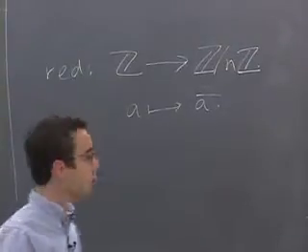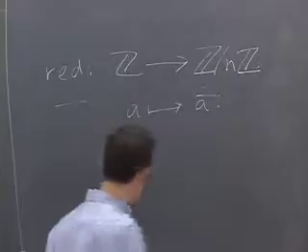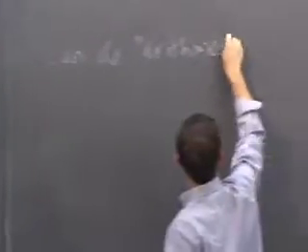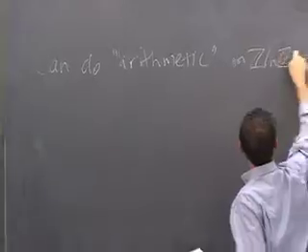We're going to make this a group, and this map is actually going to become a homomorphism. So let's start studying how this thing inherits an arithmetic from Z. So we can do arithmetic in Z mod nZ.